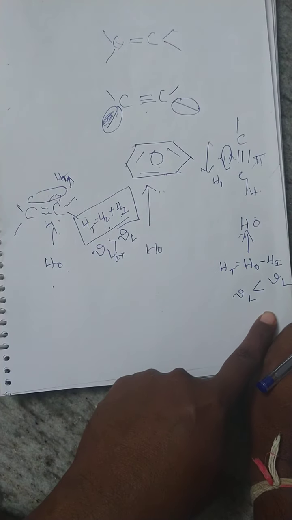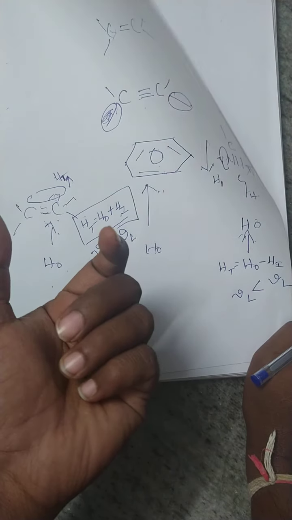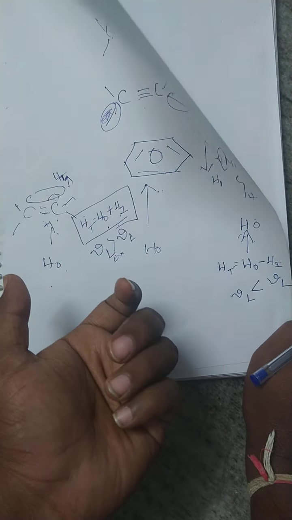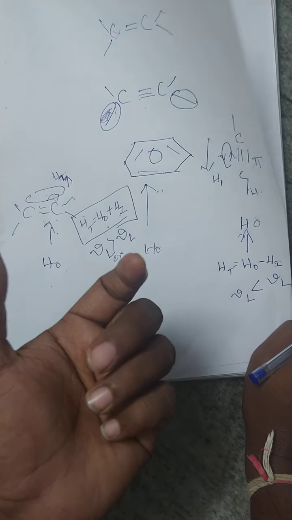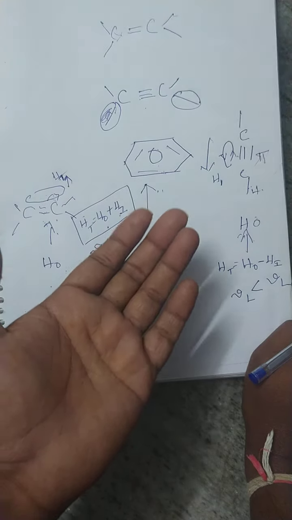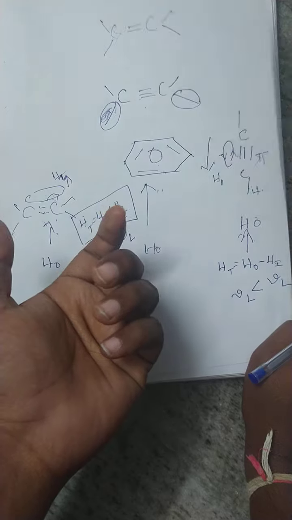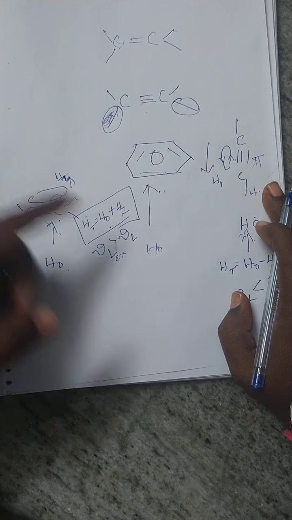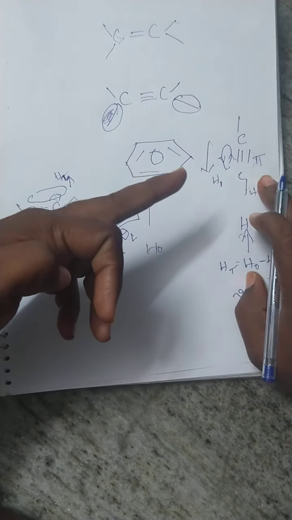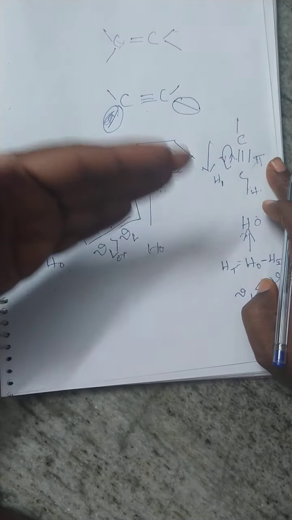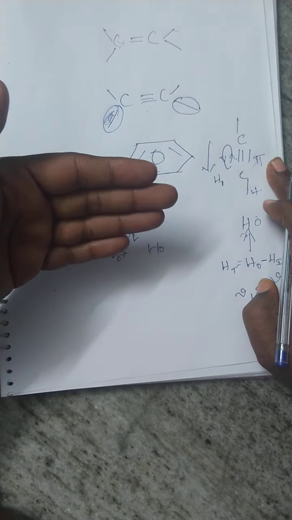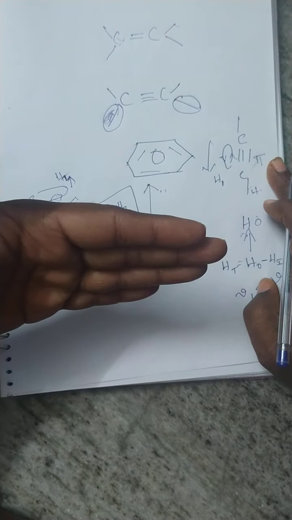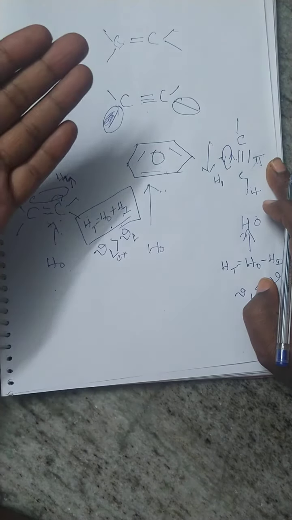So these are the factors which influence the Larmor frequency. How the magnetic field generated by the pi electron current influences the external magnetic field depends upon the orientation of the molecule in the presence of the external magnetic field. Here, alkenes and benzene or benzenoid compounds orient in this manner, horizontally, and alkynes orient in a vertical manner, so the magnetic field generated by their pi electron current is in the opposite direction to the external magnetic field, right?